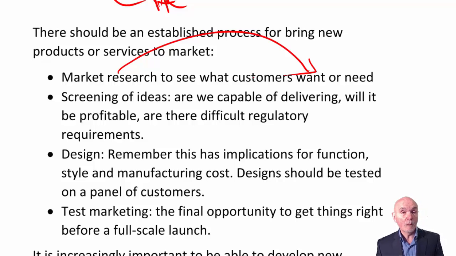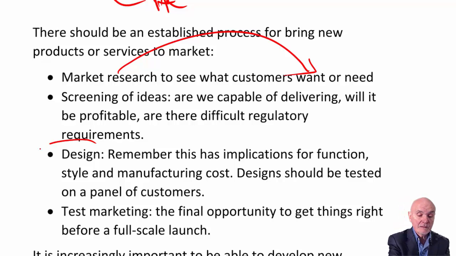Just because a customer wants something doesn't mean we are able to provide it. It may not be profitable. There may be regulatory difficulties. We may not have the skills. So out of the four things that customers might want, we may end up with two that we are actually capable of doing.